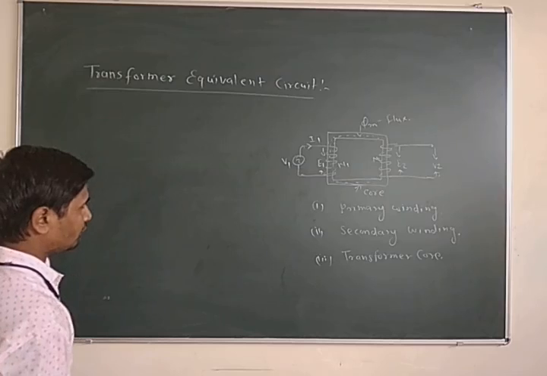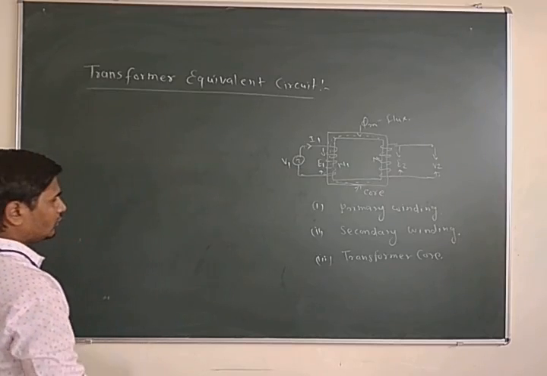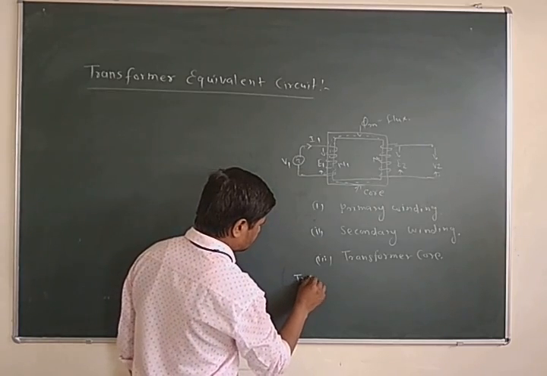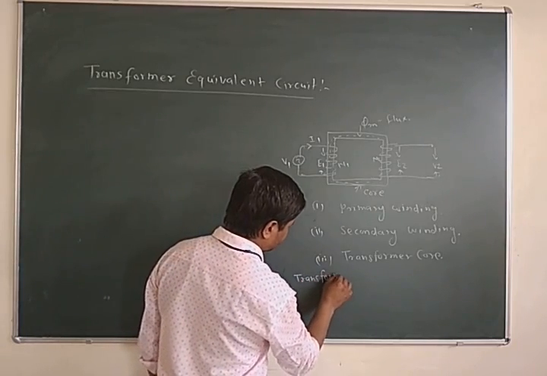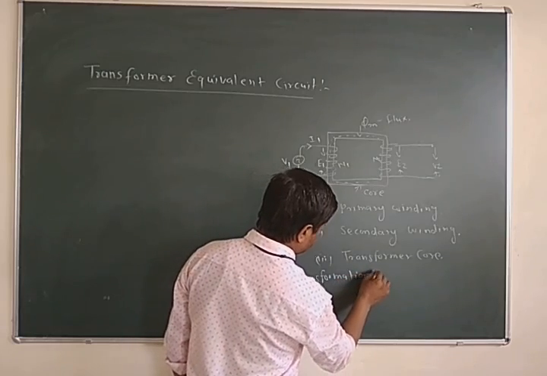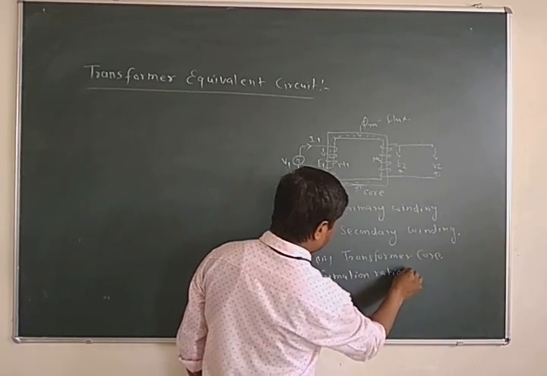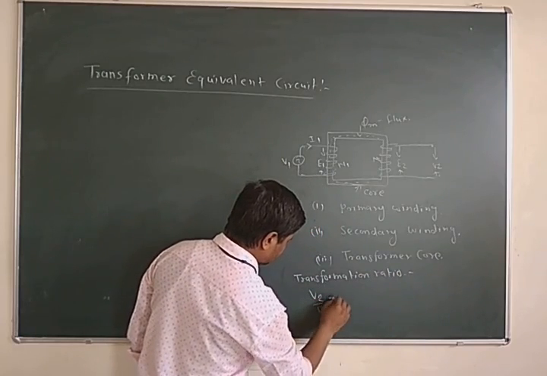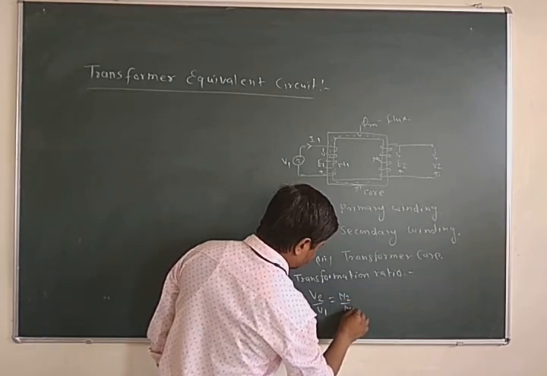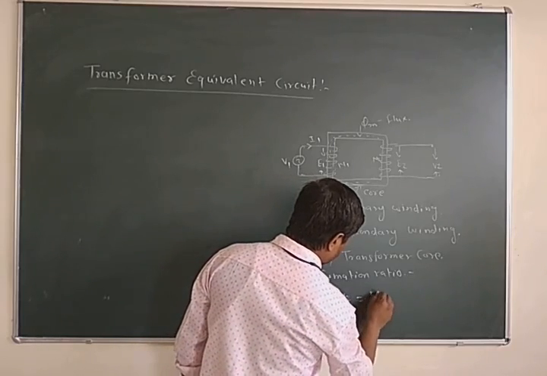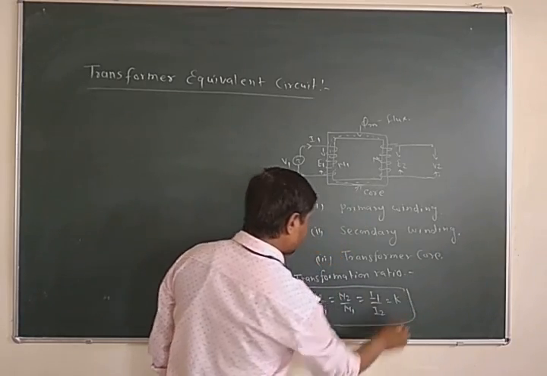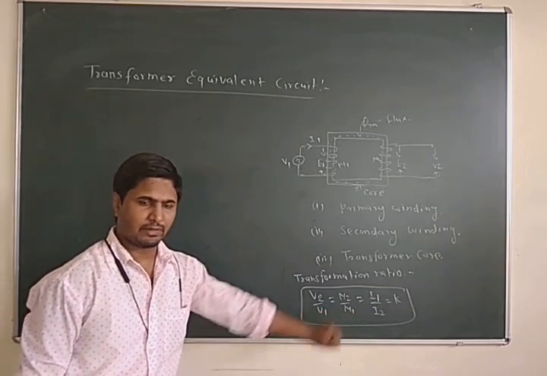So from the transformation ratio, V2 upon V1 equals N2 upon N1 equals I1 upon I2 equals K. This is the transformation ratio.